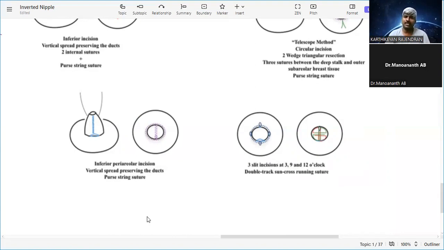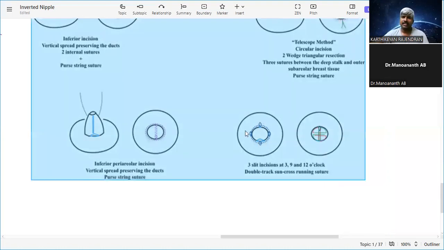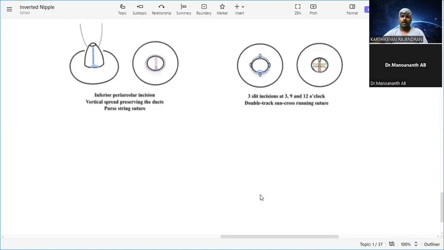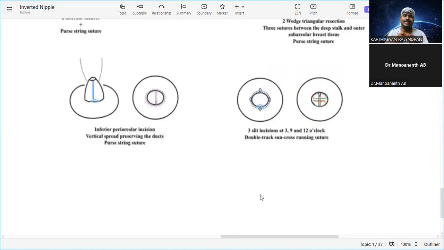We will see the picture. A slit incision is made here, here and here, and we pull the suture from the inferior to this area and place the suture here and here. We suture it, but the problem is that you must not suture it tightly.